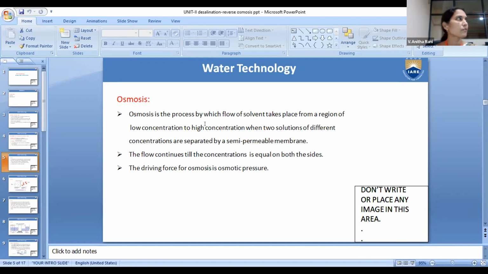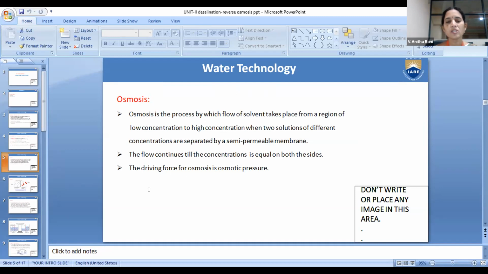The flow of solvent takes place from the lower concentrated solution to the higher concentrated solution, and that process is known as osmosis. The flow continues until the concentrations are equal on both sides.